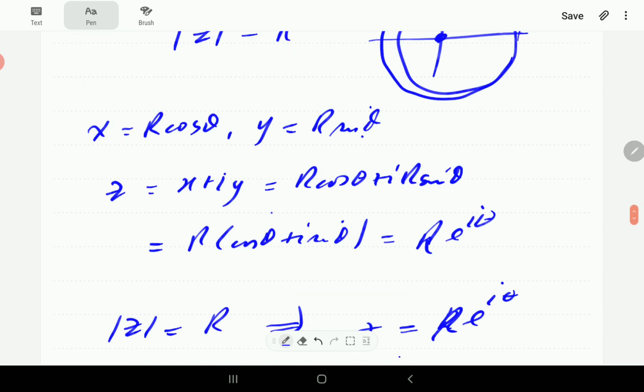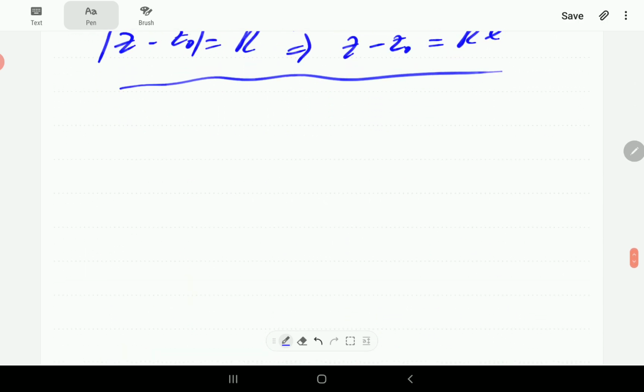So going back to our equation, we have mod z equals 1. So the parametric equation is going to be z equals e to the i theta. Then dz is going to be i e to the i theta d theta.